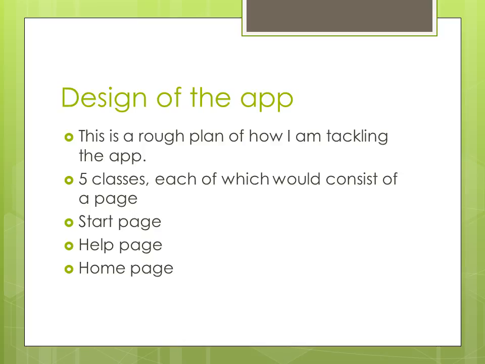So tentatively, I've planned to have 5 classes for 5 pages. For example, one of them is the start page, when you open up the app, something like an introduction page comes out. And as spoken in the discussions, there should be a help page, so I've decided to have one of those.